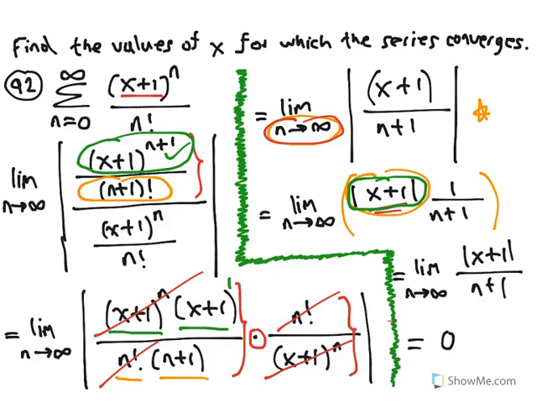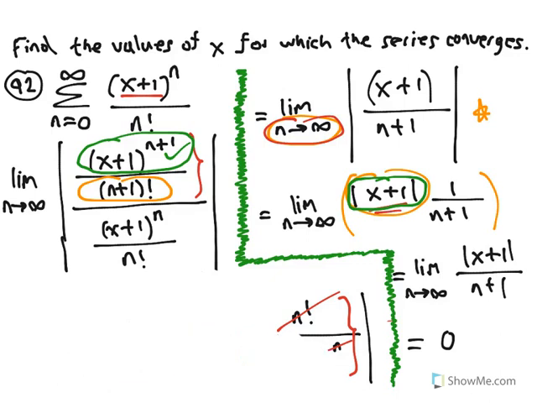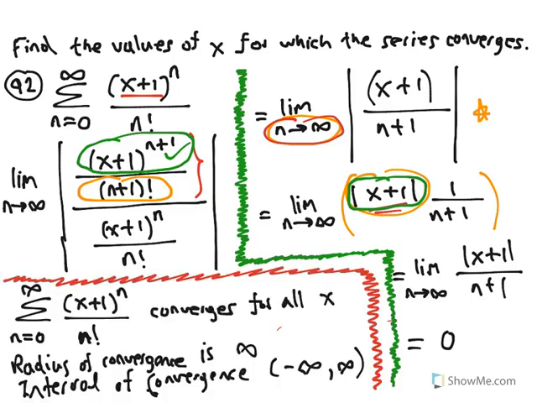I will now write the conclusion that I've stated verbally. I will just give myself some room by erasing this intermediate step from my work. So this power series converges for all x.